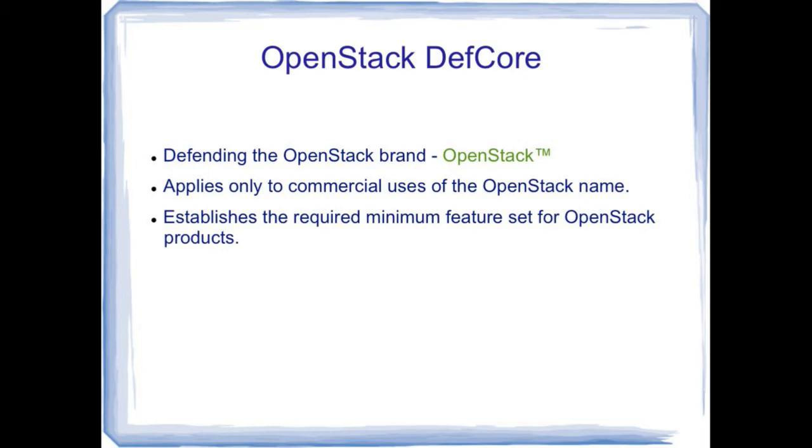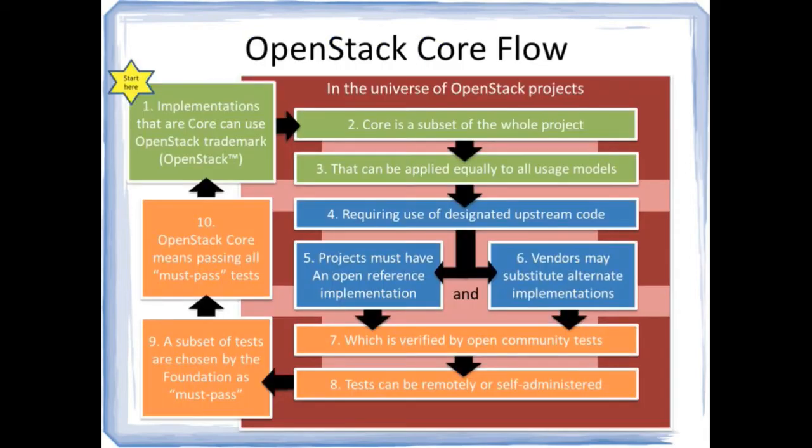There is a picture. You have to go through all these steps, and then step 10 is that OpenStack core means passing all the must-pass test criteria. So DefCore is something new, and there is more development going on. Later on you will probably see more, because it was only announced this morning.